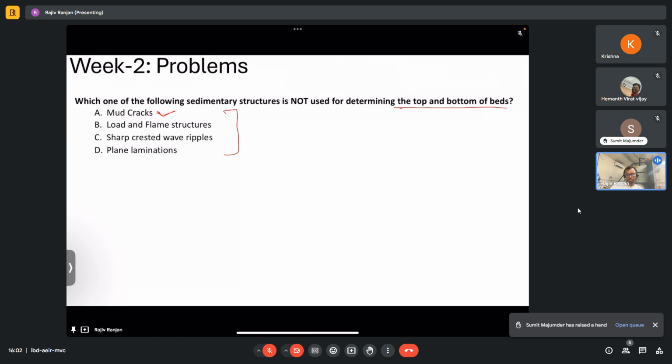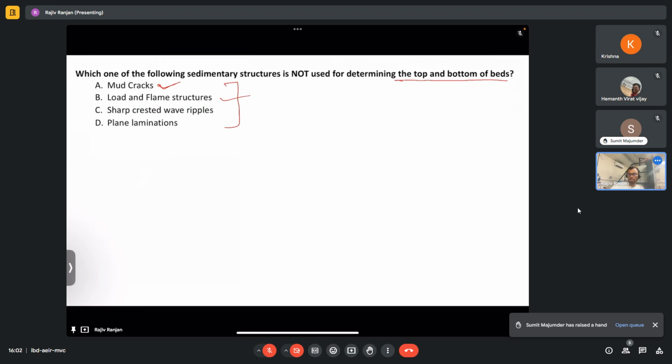Load and flame structures. Load and flame structures are also important for top and bottom.